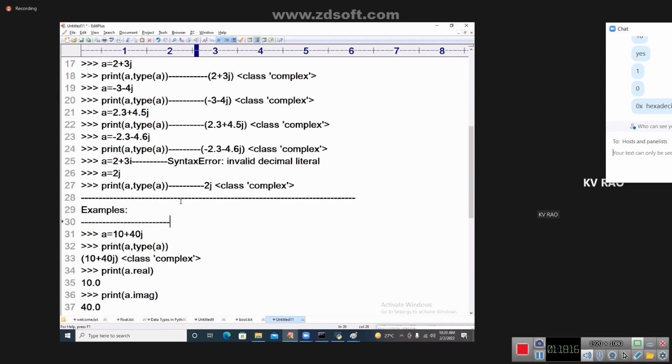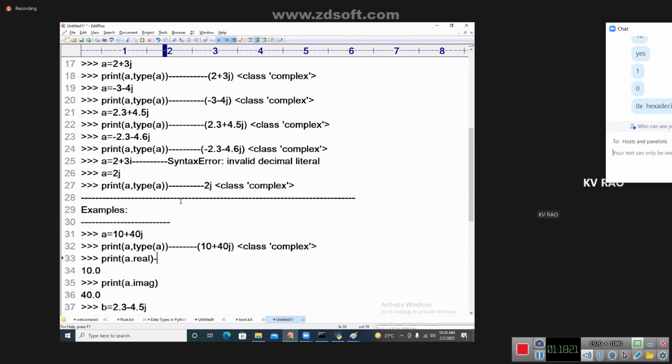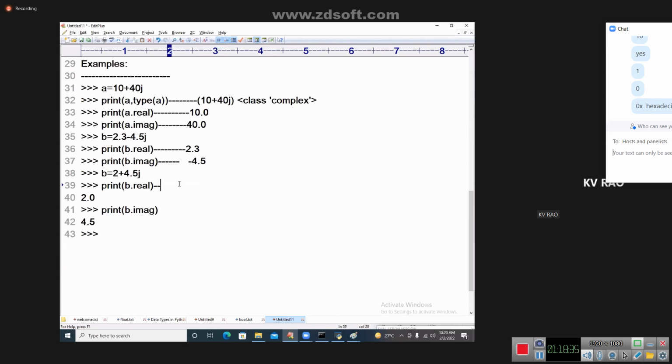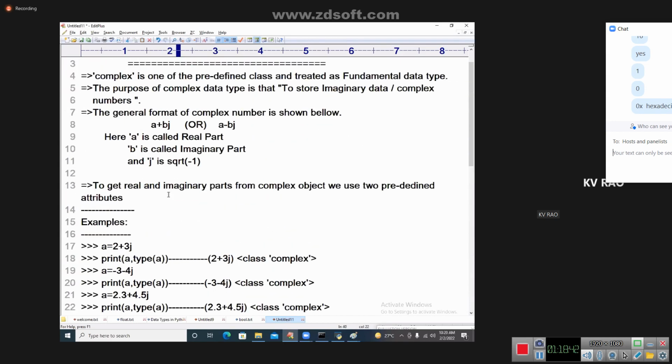Here I am taking a complex number. A dot real I am getting, and A dot imag I am getting. B dot real gives 2.3, and B dot imag gives minus 4.5.